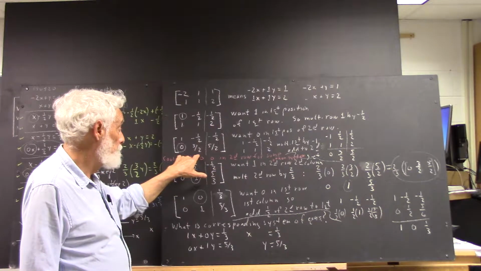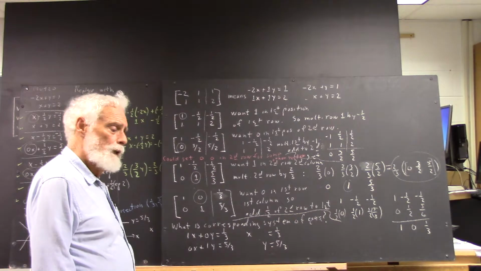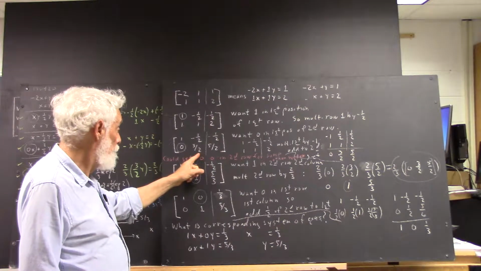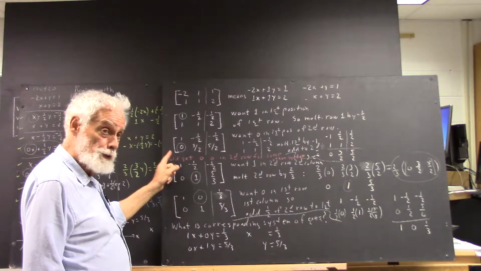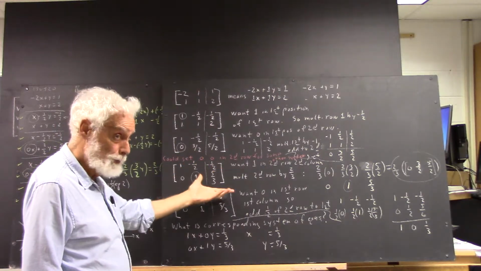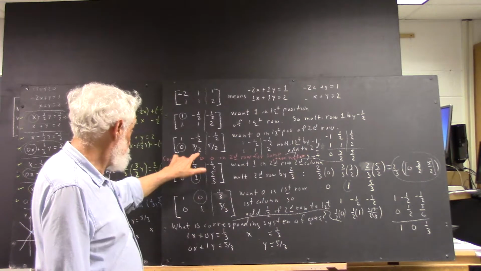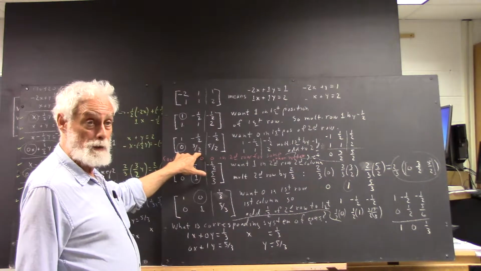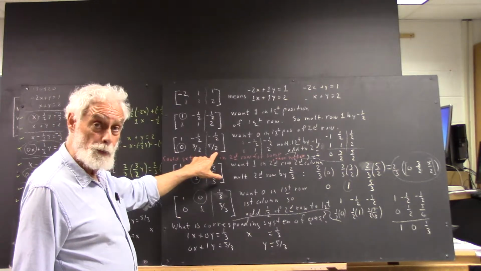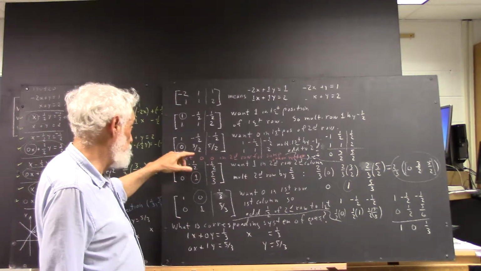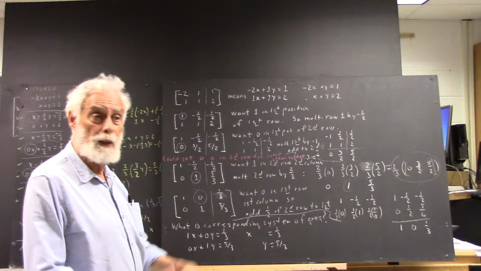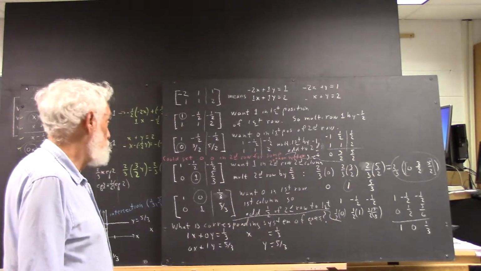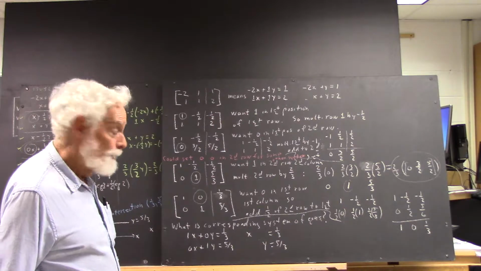Now, if we have a 0 here and a 0 here, that means this side of the equation is 0x plus 0y, or just 0, right? So this side of the equation could be 0, and that's okay if the other side of the equation equals 0, because then we just get 0 equals 0, and that's a true statement, which means that we get solutions.